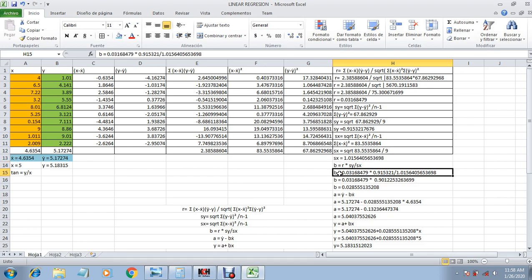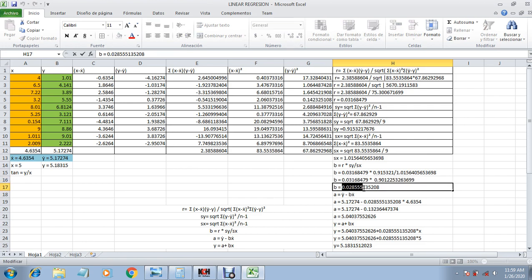Then when we operate over b with our results, we divide at first glance 0.91 over 1.01 to have this value, and then we can multiply this value by this value to get the b value. And then our second formula is to get the a value.